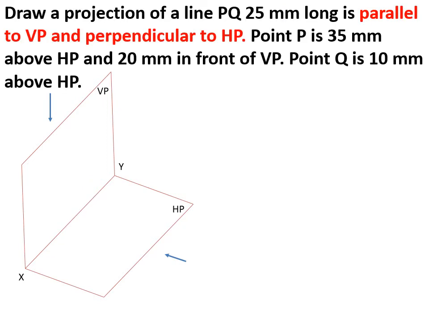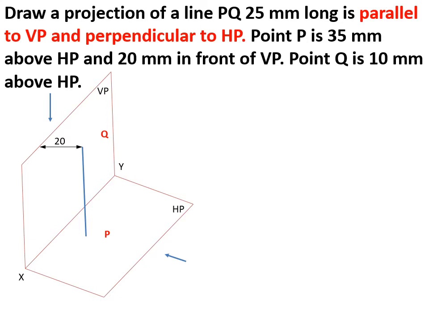Now let us see this line PQ, 25 mm long, parallel to VP but perpendicular to HP. First of all, you have to draw a line in this horizontal and vertical plane so that it is parallel to VP and perpendicular to HP. In this case, most of the time the mistake we make is that before pointing P and Q, PQ is our line, you have to fix which end is P and which is the other end.